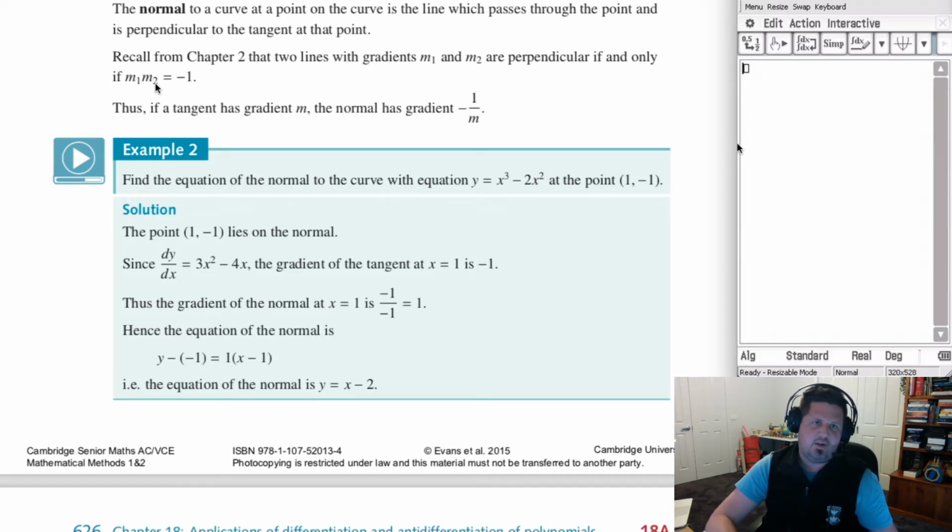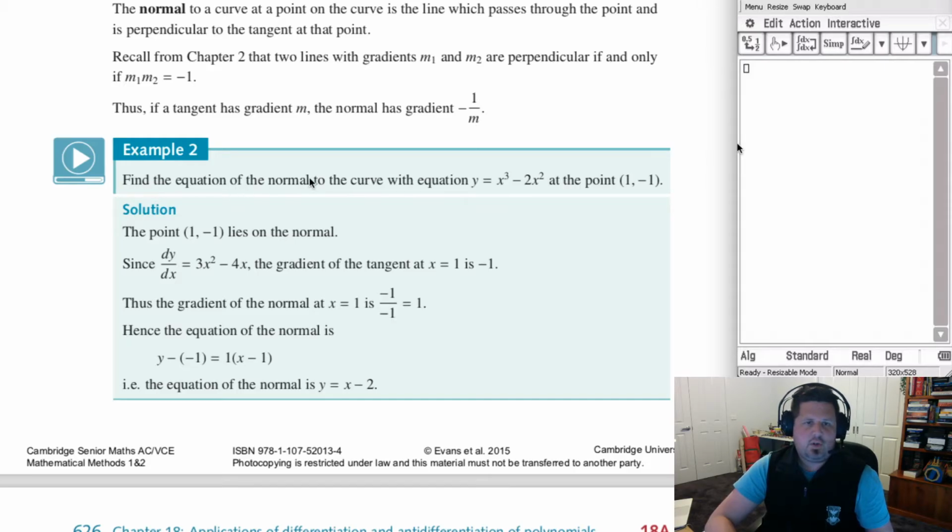It's very useful to know that rule, which will also allow you to remember how to work out the normal. It's got a gradient of -1 over m.